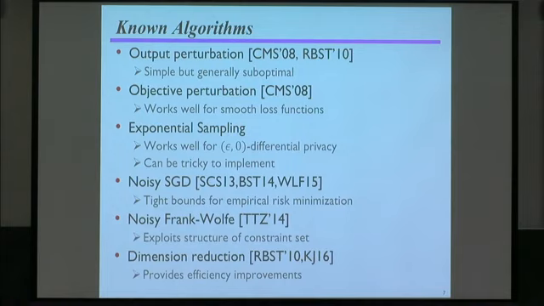I'll try to illustrate the idea behind each of those algorithms, and explain how some of the tools that came up in the tutorial yesterday can be applied to this problem. I'll also spend some time on what we know about the best possible bounds on the excess risk measure I was talking about earlier, and lower bounds that tell us when the bounds we know are optimal. There's an open question there that I hope I'll get to.